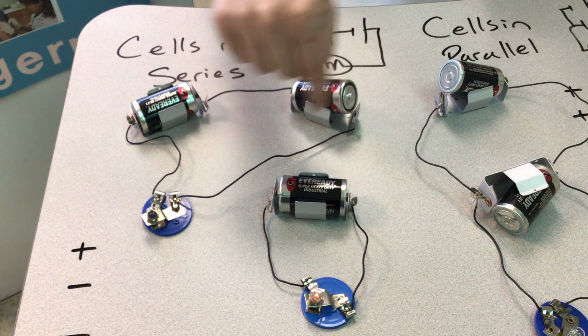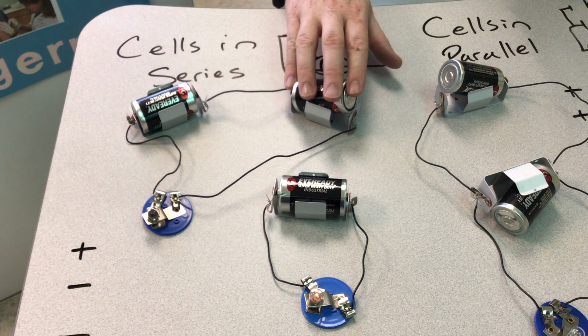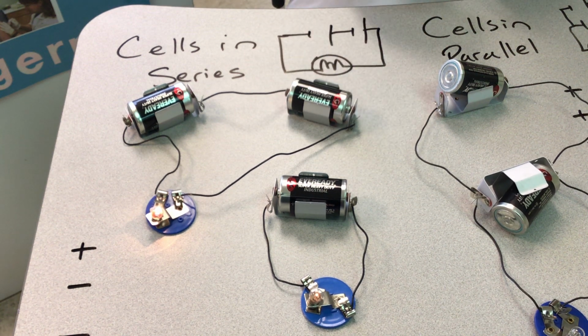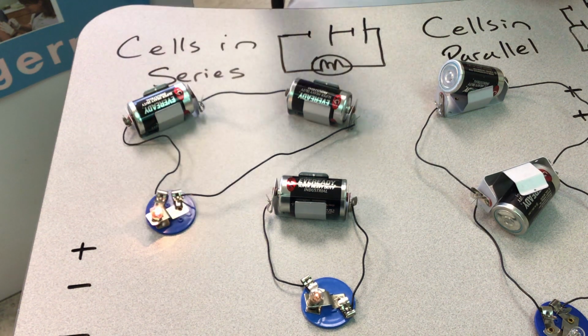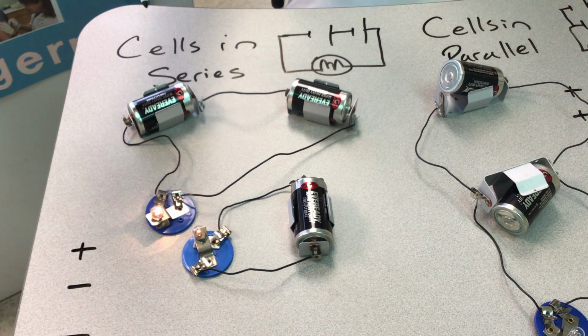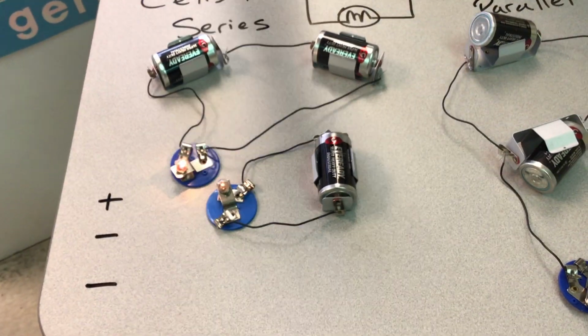When a break along this line happens, it's not going to work. So, let's see. Whoa! Look at that light! That is like a fireball inside that light bulb. We can tell when comparing light bulbs that this one is definitely brighter.